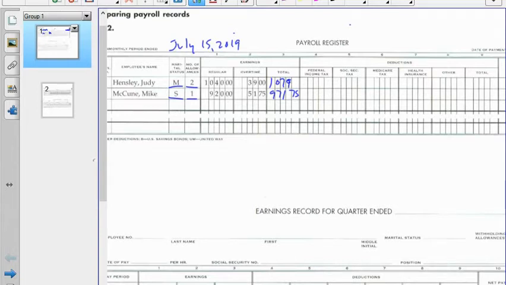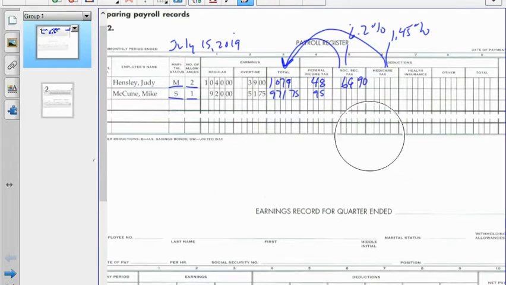Judy is having her employer take $48 out in federal income tax, where Mike is asking to have $95 taken out in federal income tax. Social Security is 6.2%. Medicare is 1.45%. Again, these are based off of your total earnings numbers. Go ahead and do that math. 1079 times 0.062, and you come up with $66.90.